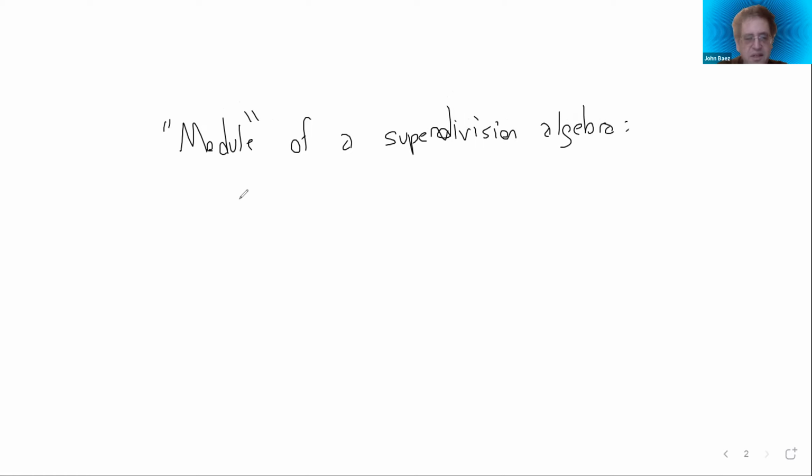It's a super vector space on which that superdivision algebra acts, just in the usual sense of a monoid object in a monoidal category acting on something.